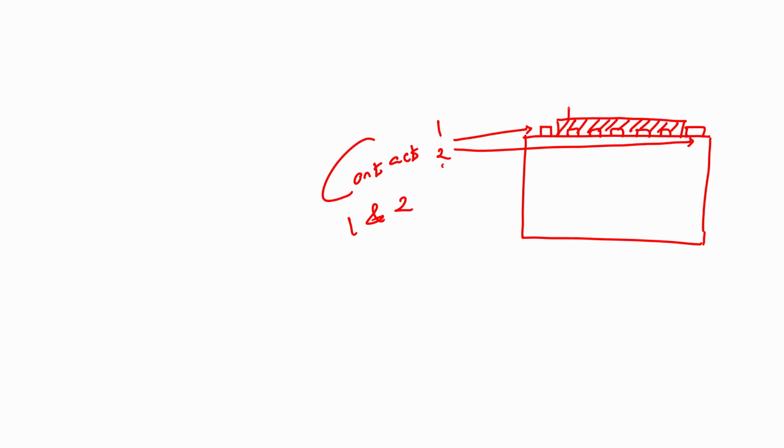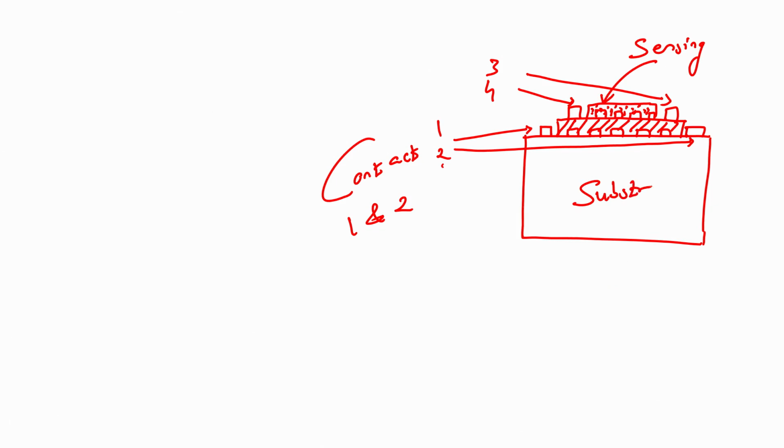On this insulating material there should be a sensing layer, but for the sensing layer there should again be electrodes. So, this one would be our sensing layer, and these would be our 3 and 4, the electrodes. This is the sensing layer. This is our substrate.